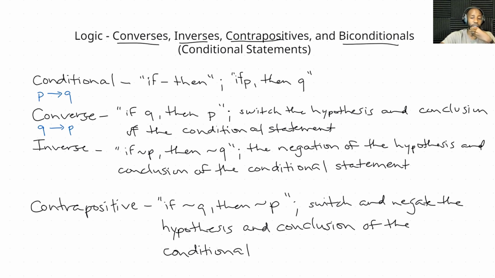With the inverse, you negate the hypothesis and conclusion, so if not P, then not Q. Finally, the contrapositive is to switch and negate the hypothesis and conclusion of the conditional, so if not Q, then not P. All right, good.